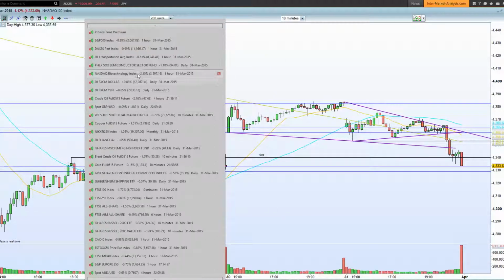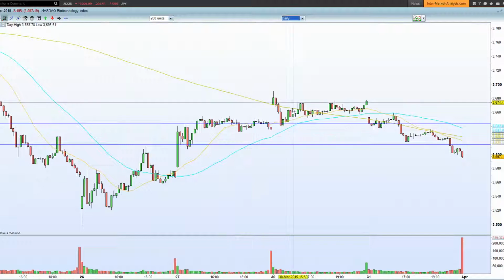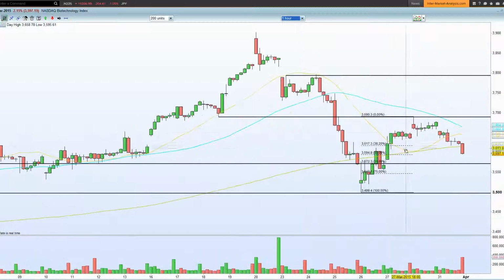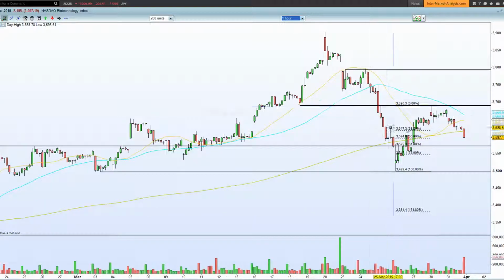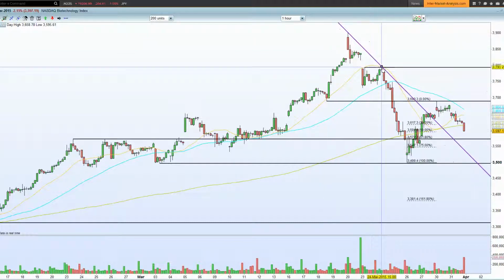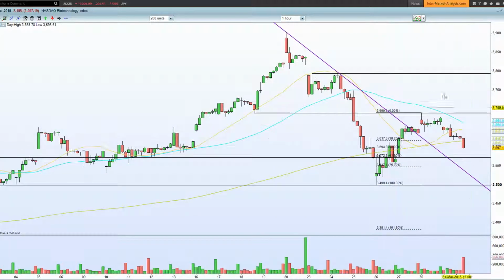Now the biotechs. If I go back to the biotechs, yes, we do have the H&S formation, so that certainly is a cause for concern and one needs to observe. On the 60-minute chart, yes, we have flushed back, but we are into that fib 50%, so that needs to be watched. We do have this downward sloping diagonal trend line that we have broken out of, so this is something I'm going to be observing, and this is indicating a potential move.